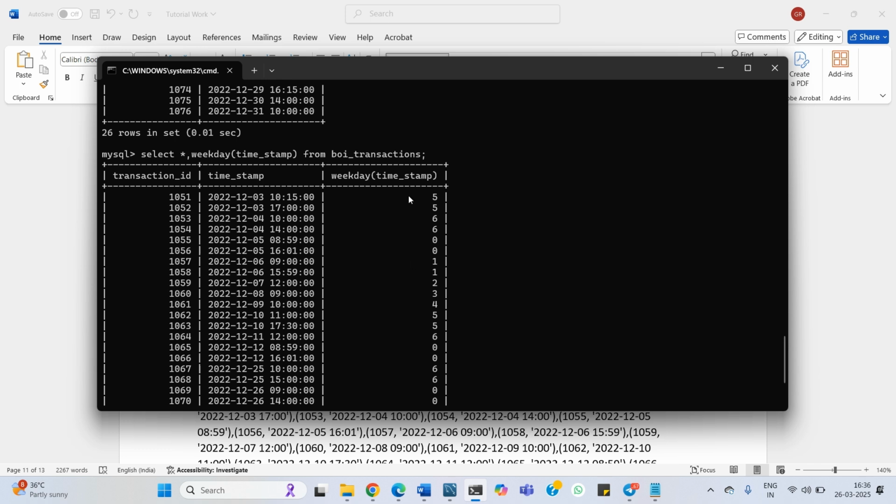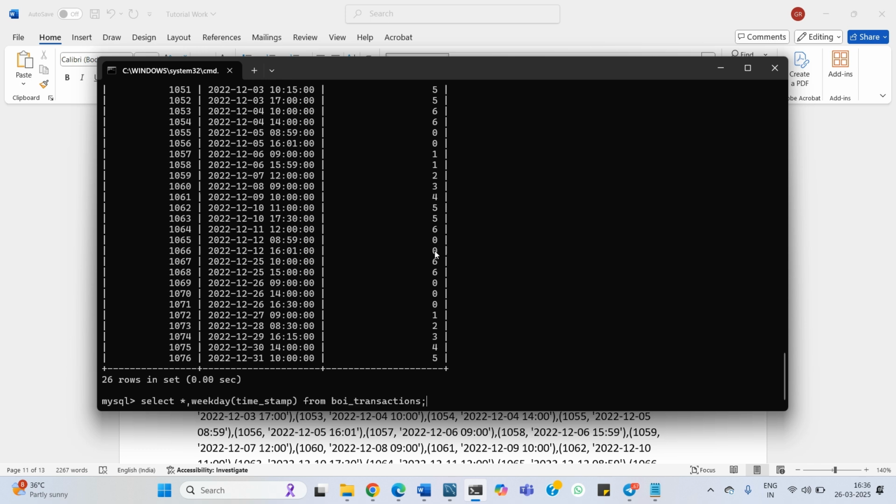So 5 is the weekday for this one, and 5 is also for this one. It takes the name of the day, whether it's Sunday or whatever day, and gives us the week number of that day.